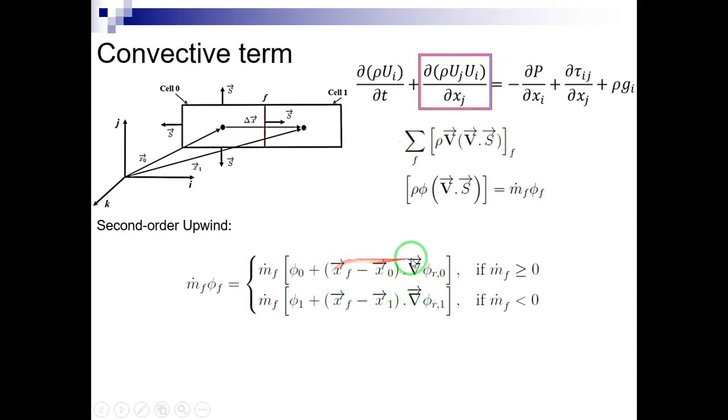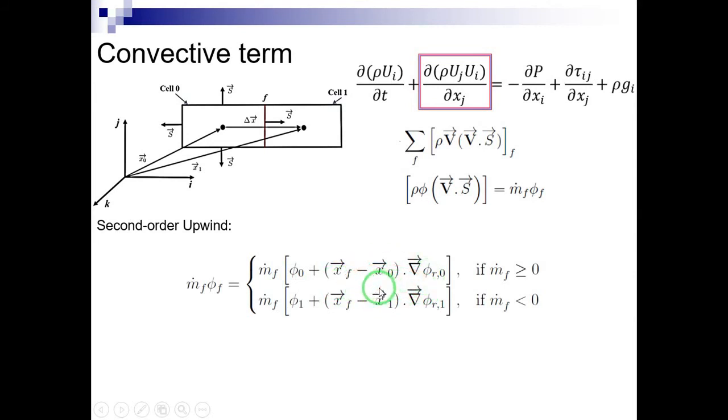There was no such term in the first order. The first order, in fact, just contains the values at the cell centroids. But this scheme has another term also.